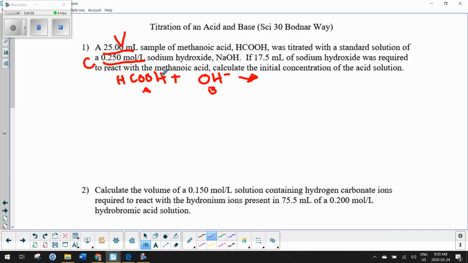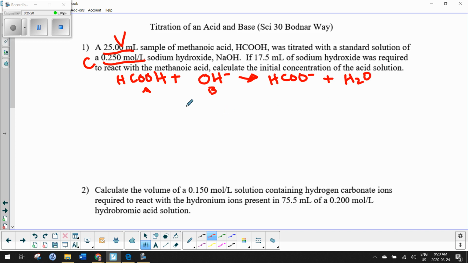So acids donate, so it's going to get rid of an H. It's neutral to begin with. So we get HCOO. And then if it's neutral and you got rid of a positive, so you spent $1, you become negative. Plus, now this is going to accept, so now you have two H's, and you're adding a positive, so your bank account was in the negative, and you're adding $1, so you become neutral, H2O.